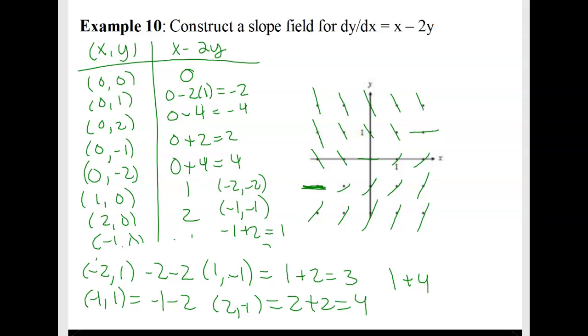So not x cubed, but like a cube root. Because think about this. These are your horizontals. So it's gonna do something like this. Yes. All right. Your homework is slope fields.